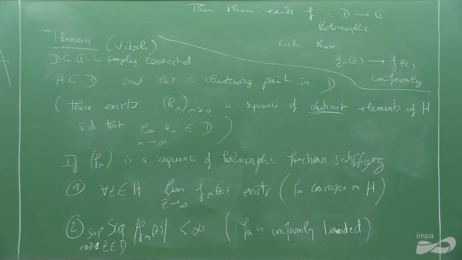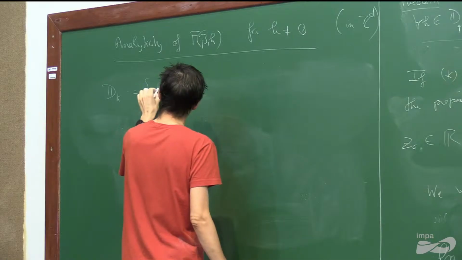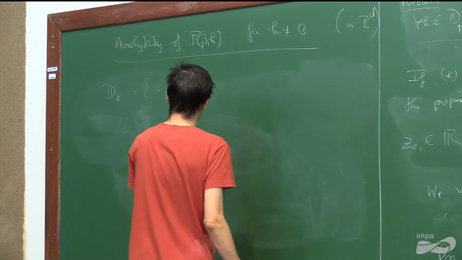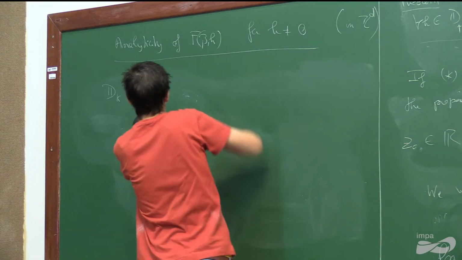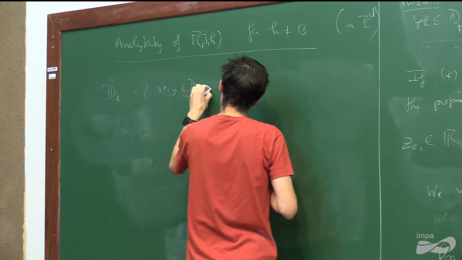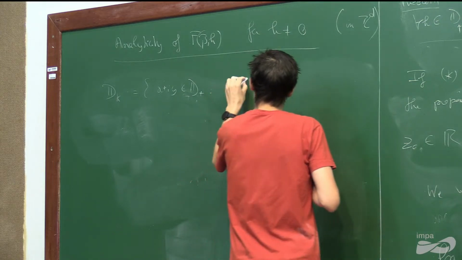First, if I want things to be bounded, it's better for me to restrict myself to a bounded subset. If H is large, the free energy is large. So I just define D_K to be the set of X plus Yi in D plus such that X belongs to (0,K).